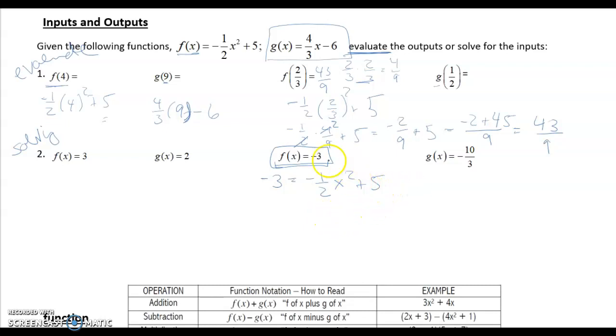First thing we want to do, we're trying to isolate x, so we're going to subtract 5. So we're at -8 equals -1/2 x squared. Multiply by the reciprocal. Make sure you take the negative with you. 16 equals x squared. Oh, we're taking the square root of both sides. But when you actively take the square root, we have to consider plus or minus.